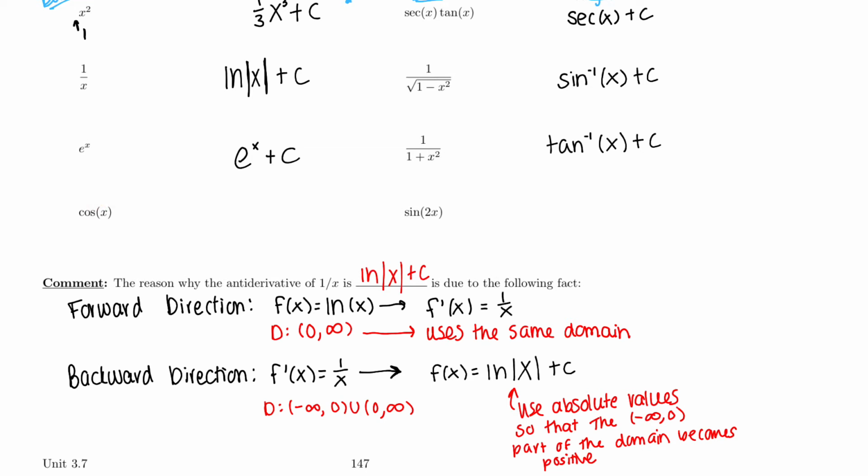So cosine's derivative is negative sine. But the function you take a derivative of in order to get cosine is positive sine, right? Sine of x, its derivative is positive cosine. So cosine's antiderivative is positive sine.